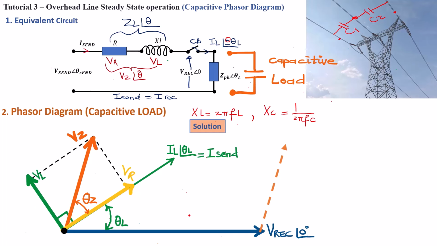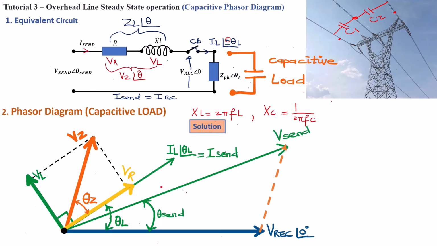Now even without drawing the angle of V sending, theta send, we can already make a projection of where V sending is going to end. It's going to end there, and that will already determine the angle theta send. So this here will be V sending, basically the sending end voltage.